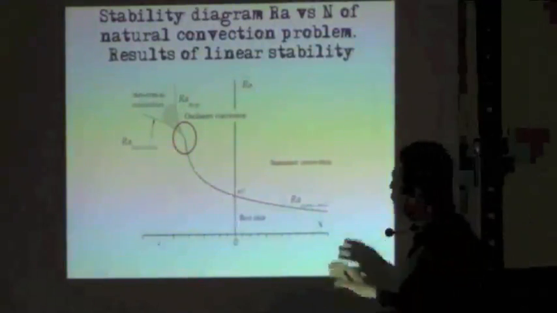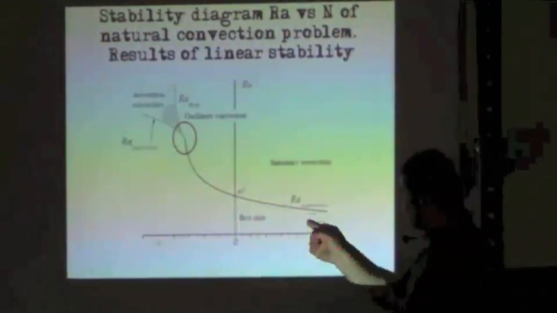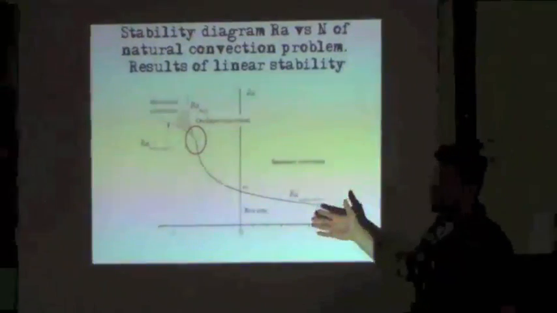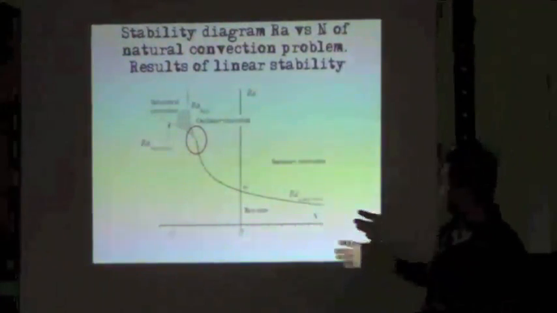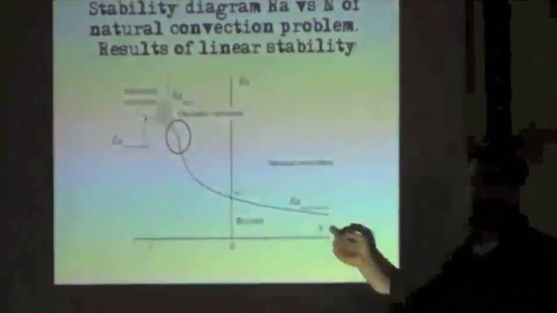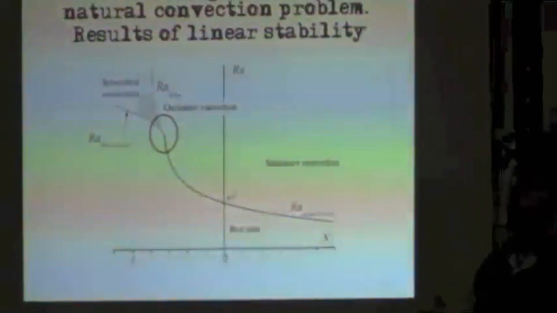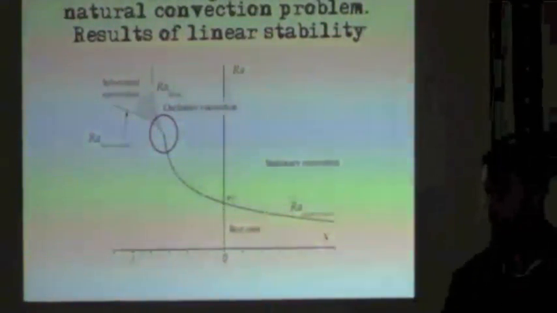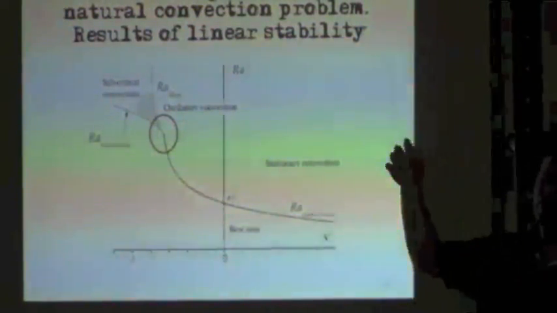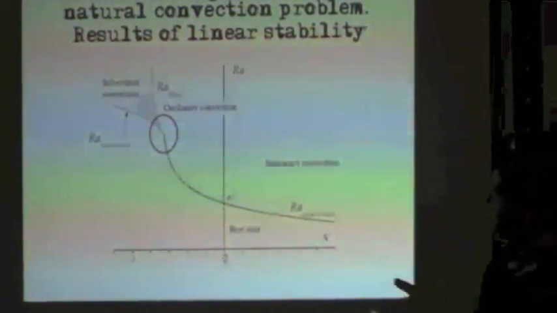The main result of the first part: here we have N, the buoyancy ratio. It explains the separation between components. When N is positive, it means that heavy components go down and the other components go to the top. It's a natural configuration and a stable configuration.